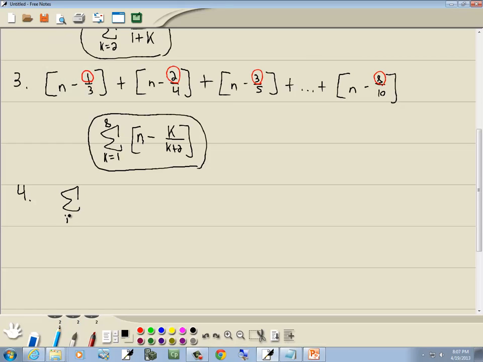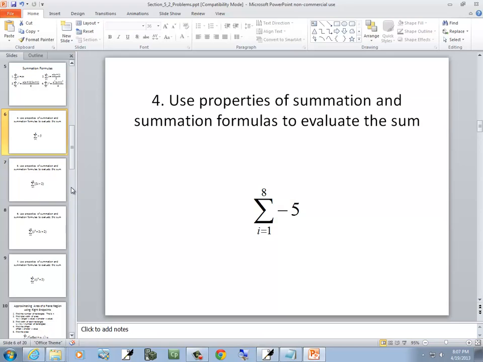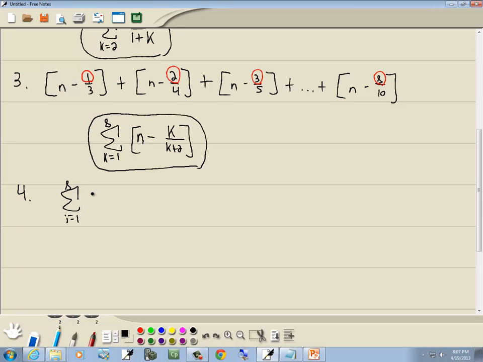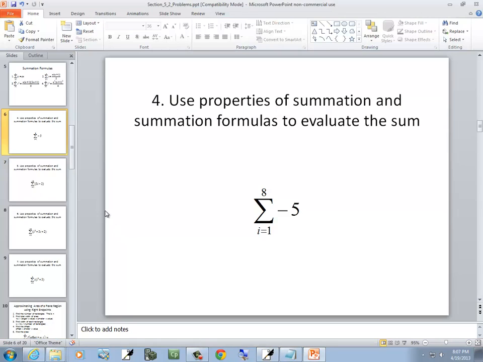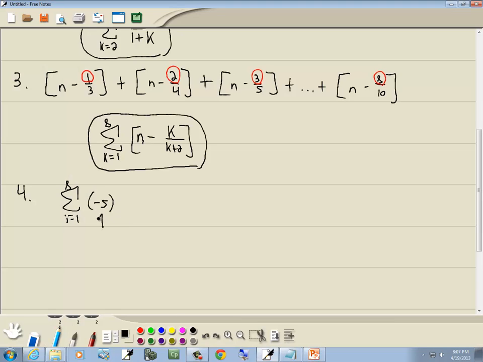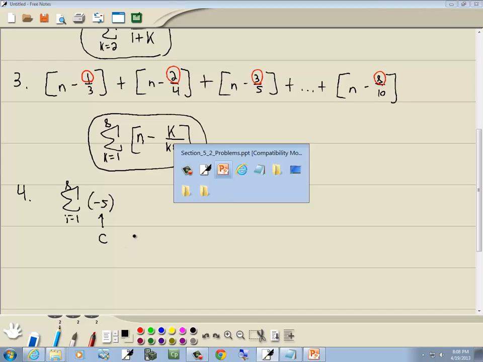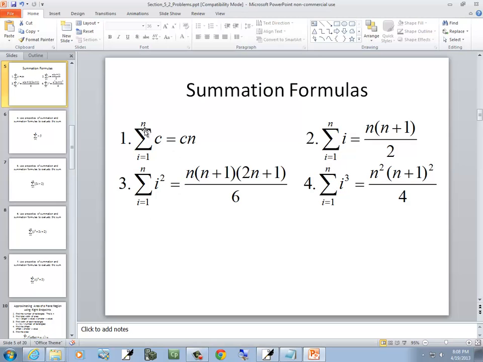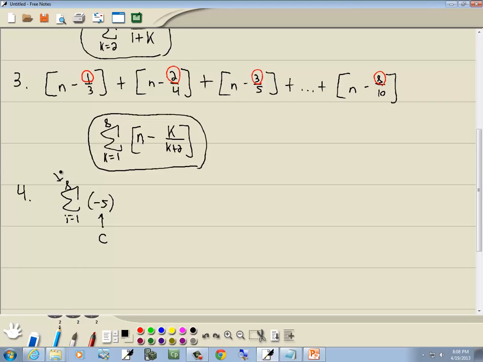We got the sum from i equals 1 to 8 of negative 5. Well, that's this first one, where we see this is our C. And from the formula, the number up on top is our n, so n is 8.